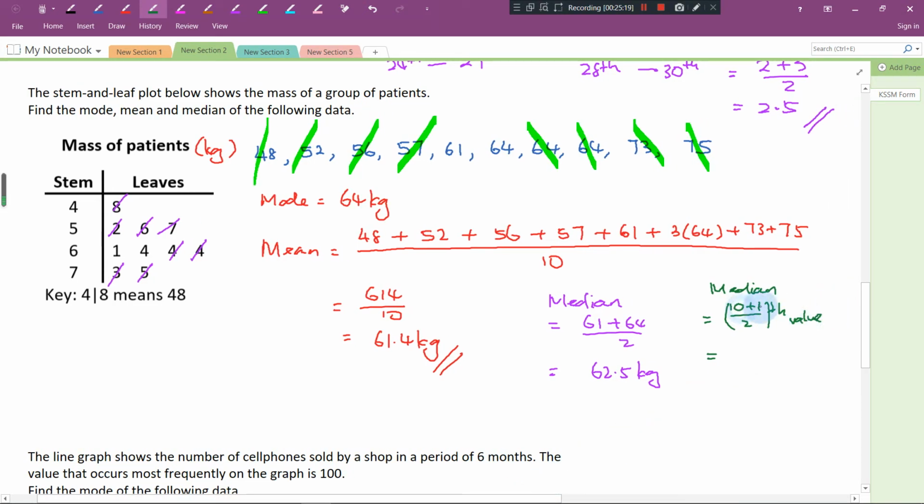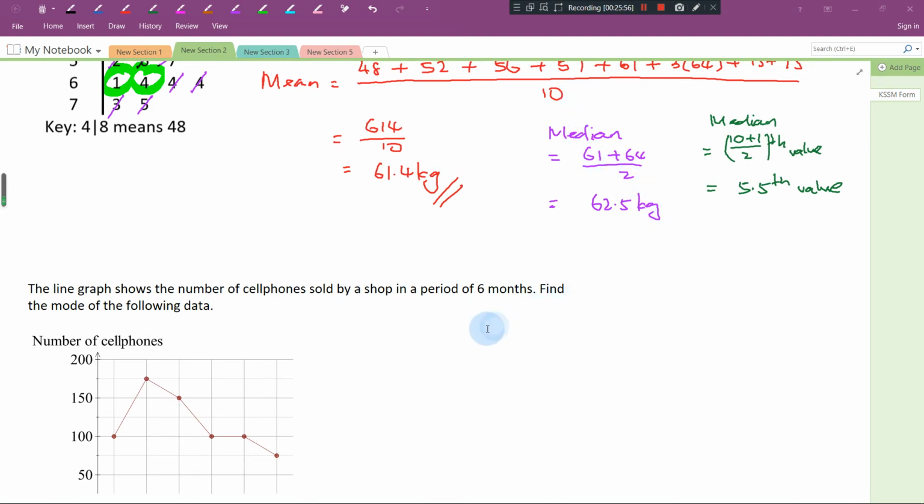So from here, we know that we need to take the 5th and the 6th data, add together and divide by 2. Okay. So don't calculate this way. 1, 2 is not correct. 1, 2, 3, 4, 5. Okay, so this one plus the next one. So it means 61 plus 64 divided by 2. All will give you the same answer, 62.5. Okay?